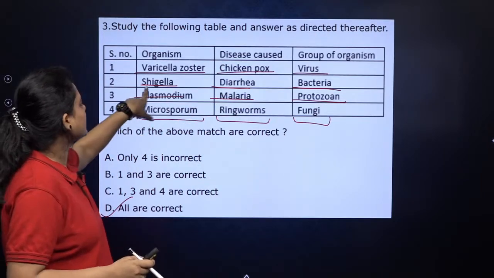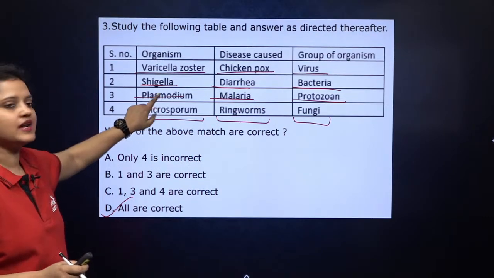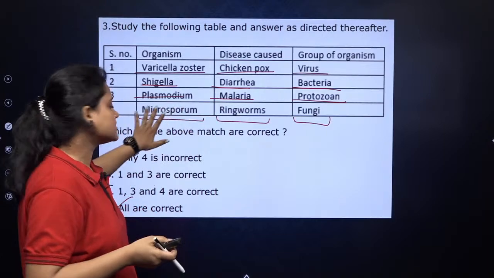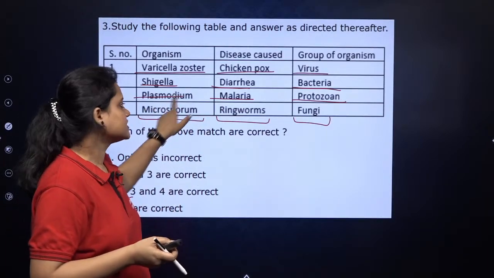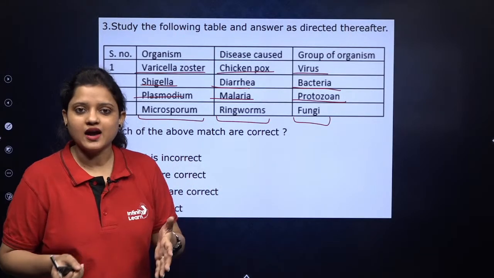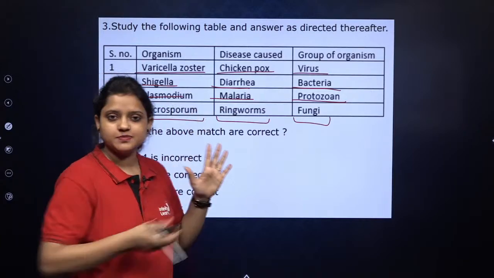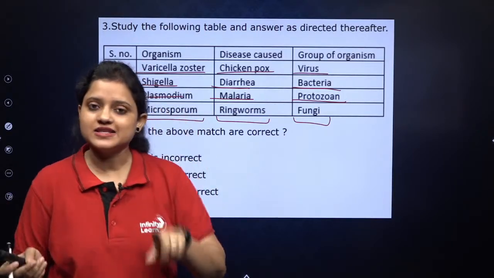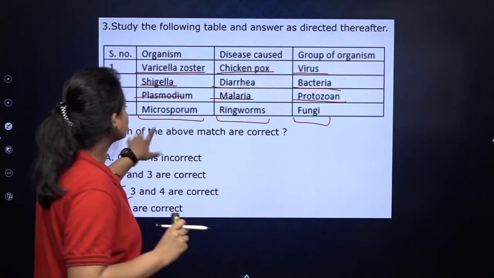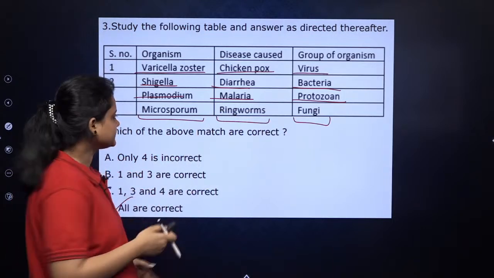And Shigella will cause diarrhea. It is a bacteria. Plasmodium. There are various species of Plasmodium, right, which causes malaria, like vivax, ovale, malariae and falciparum. And amongst all these Plasmodium species, falciparum is the most dangerous one, right? Now Microsporum is a fungi that causes ringworm, right?